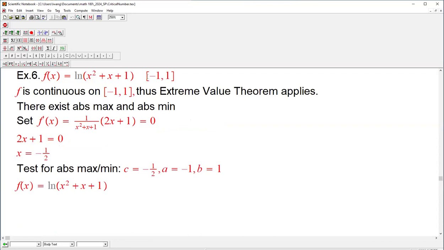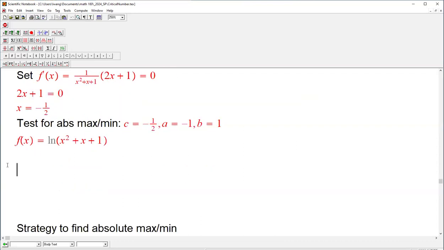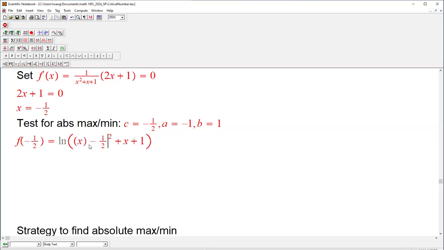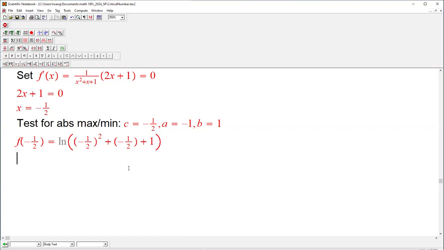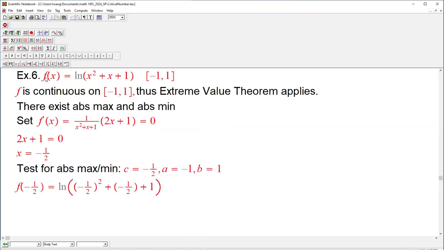Okay, let me double check. Yep. You plug in. So -1/2 plugged in. Replace that. -1/2 squared. -1/2. Boom.